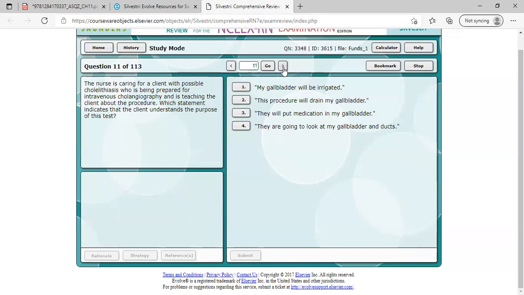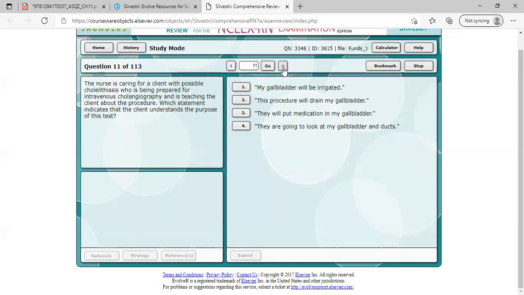Next question here, the nurse is caring for a client with possible cholelithiasis who is being prepared for intravenous cholangiography and is teaching the client about the procedure.